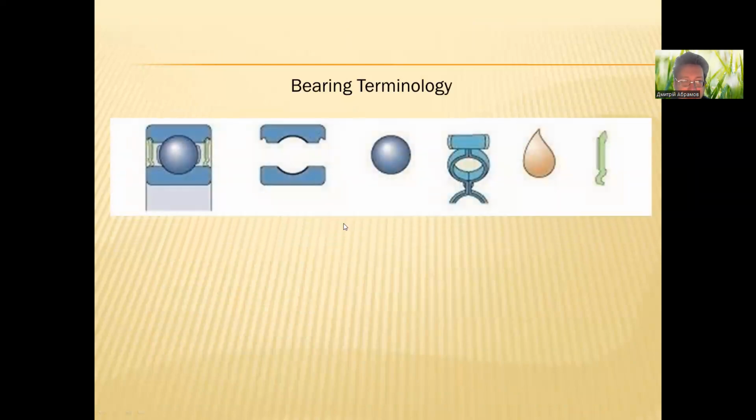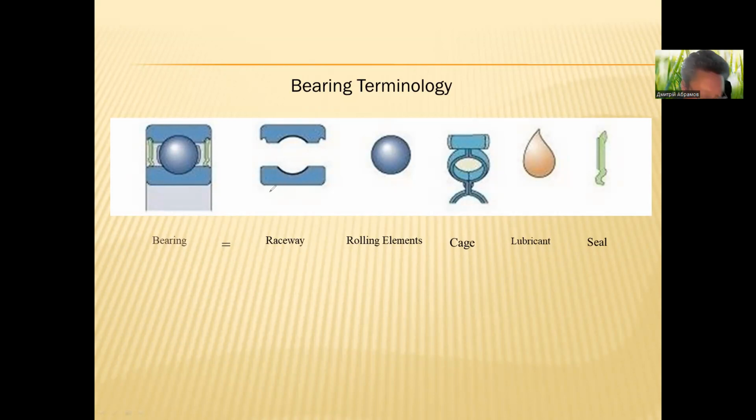And we start bearing terminology. Bearing consists of a raceway, its inner ring, its outer ring, rolling elements, balls, cage, lubricant, and seal.